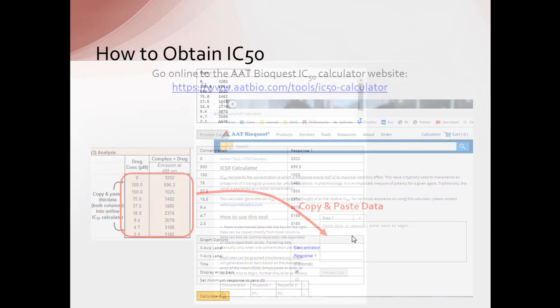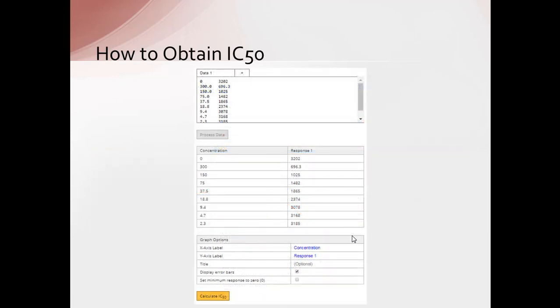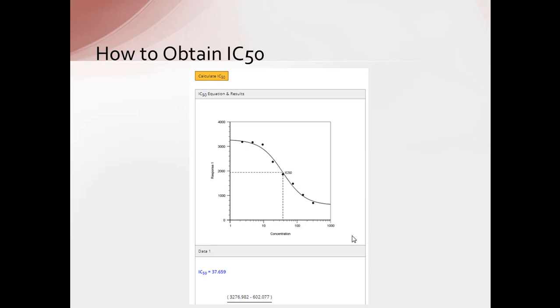Okay? After you do that, the data will automatically get processed and it'll look like this. And then importantly, you want to click on that Calculate IC50, that golden orange button. After you do that, you're going to get a really nice dose response curve. I love this website. Hopefully your data looks nice and it fits to this nice curve, and then the website does all the work for you in calculating that IC50.